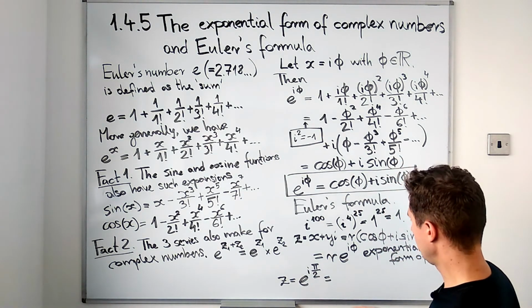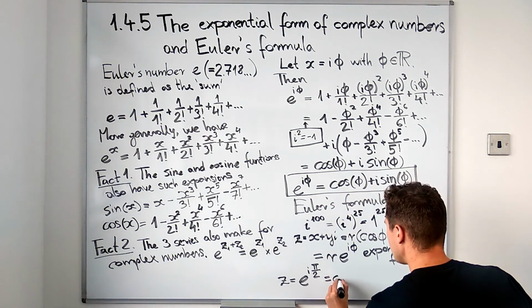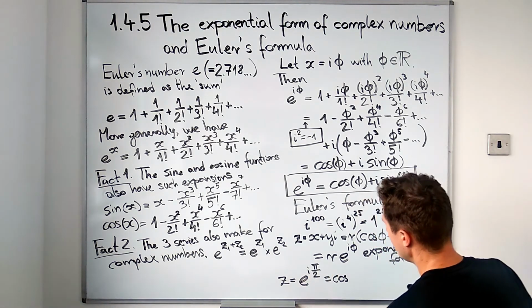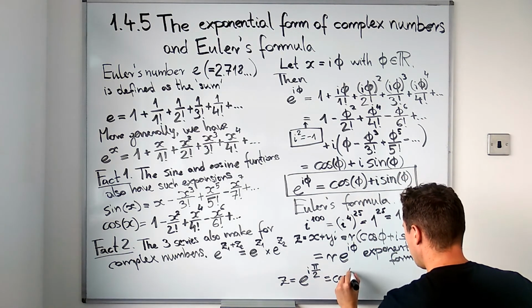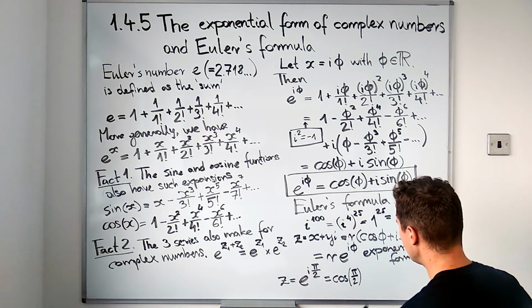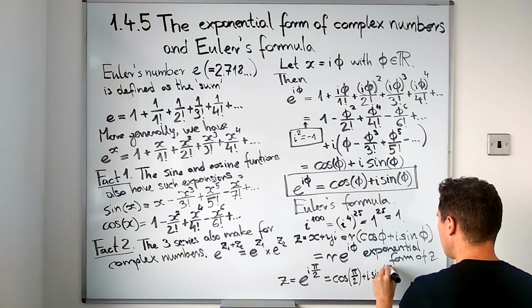Okay, I hope you paused the video. So if you apply Euler's formula, you will get for this number, which has I times pi over 2 in the exponent, the cosine of pi over 2. Remember, pi over 2 radians is just 90 degrees. So plus the sine of pi over 2.